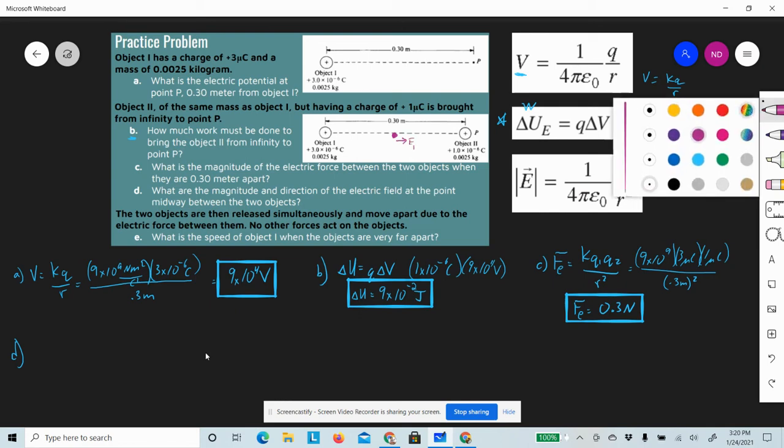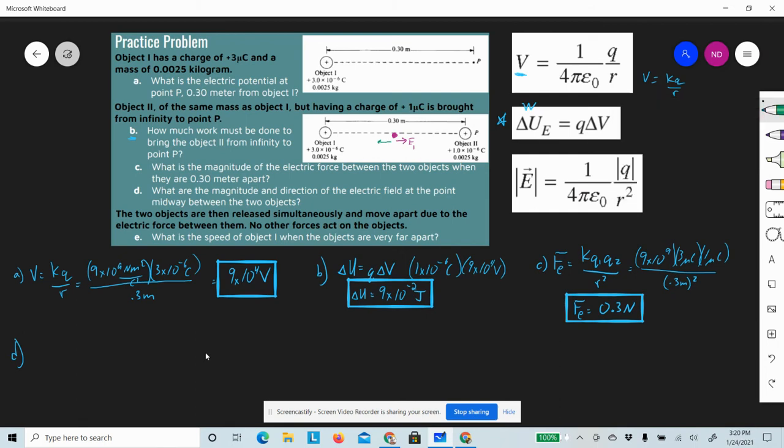And then there's going to be an electric field from object 2 that way, right? Out from positives. They're both positive. So whatever it is, we're going to do E from 1, E from 2, and the distance for each of these things is going to be 0.15 meters.